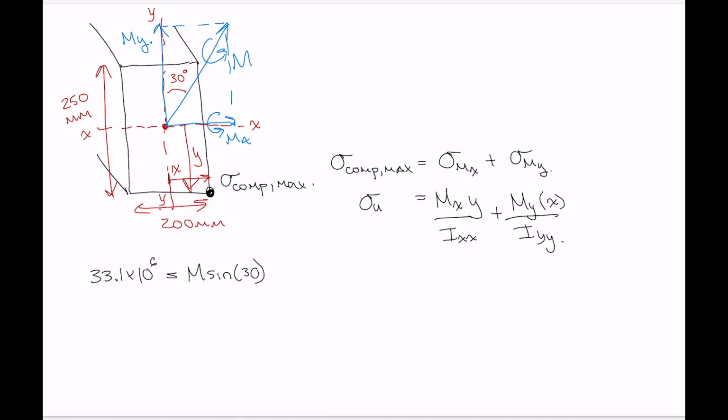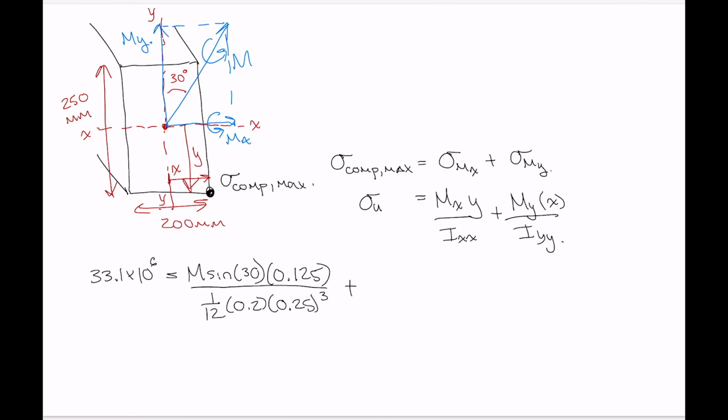The height of the section was 250 millimeters, so we've got 250 divided by 2, that's 125. Change that to meters, divided by Ixx, so 1/12 base height cubed. Remember, the base is the dimension that is parallel to the centroidal axis that you're dealing with. So the base in this case is the 200 millimeter dimension, and then we've got 250 for the height.